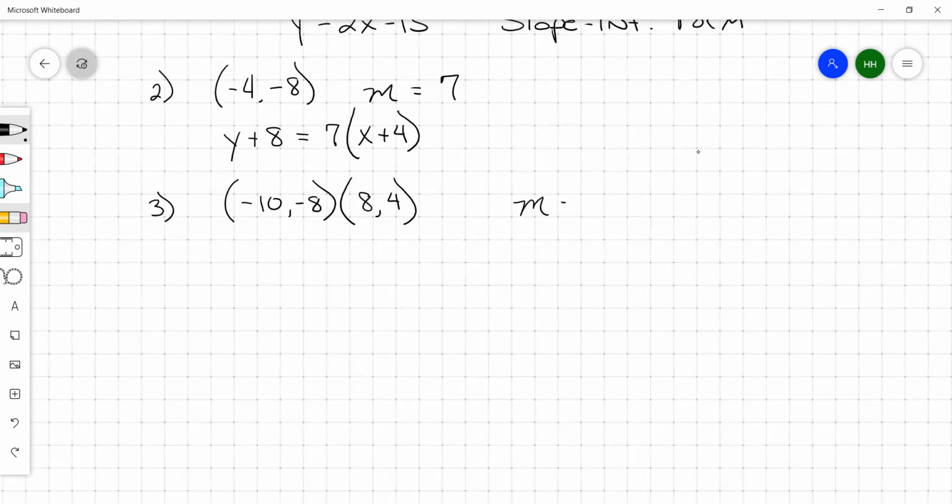So the slope is equal to 4 minus -8 divided by 8 minus -10. So we're going to keep change. We get 12 in the numerator. Keep change in the denominator. We get 18. 12 over 18 simplifies to 2/3.